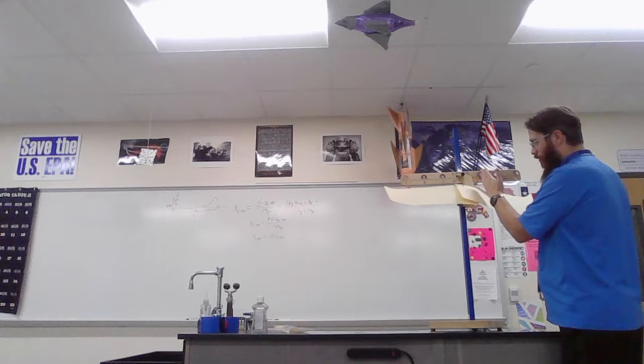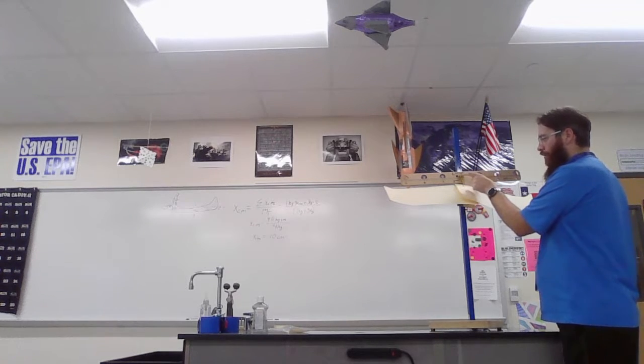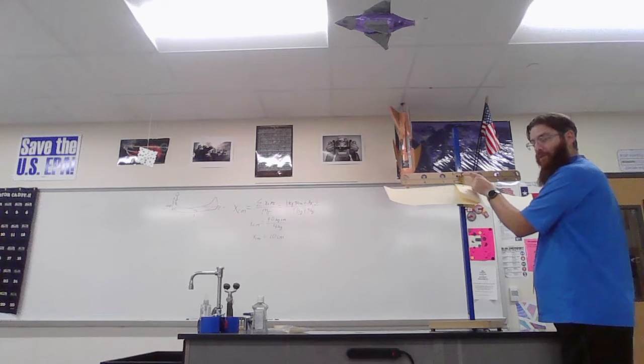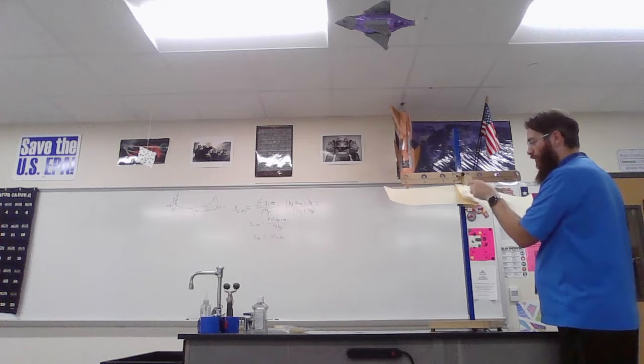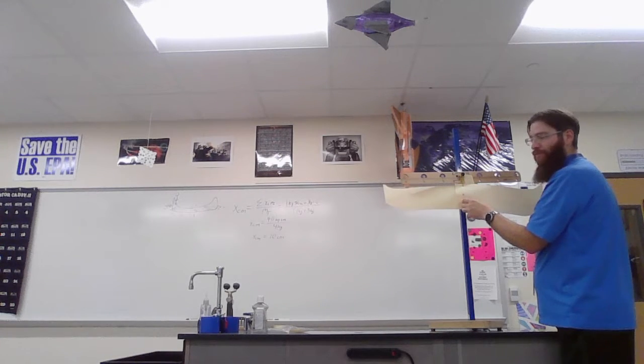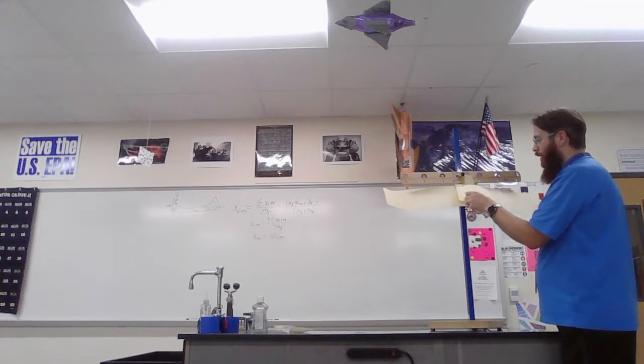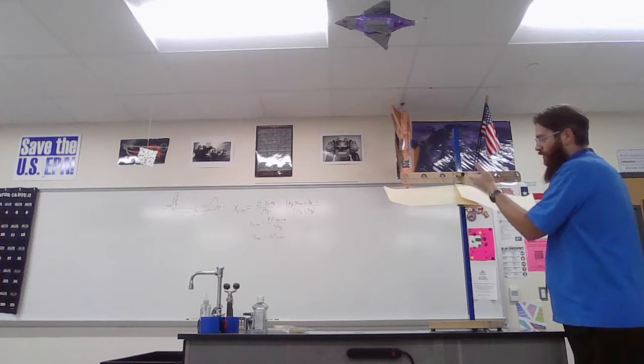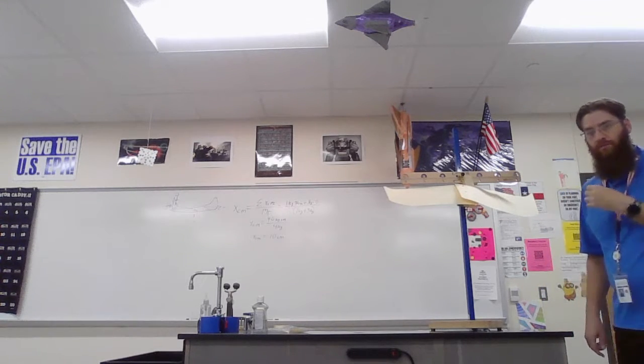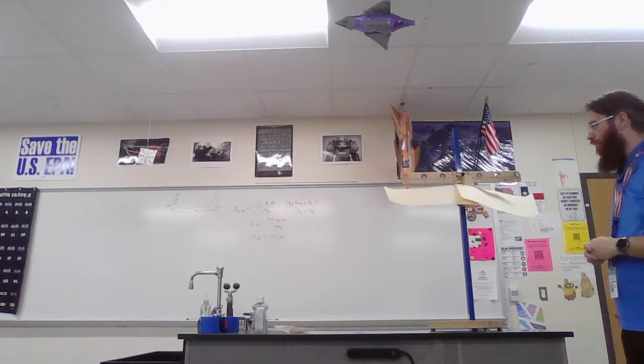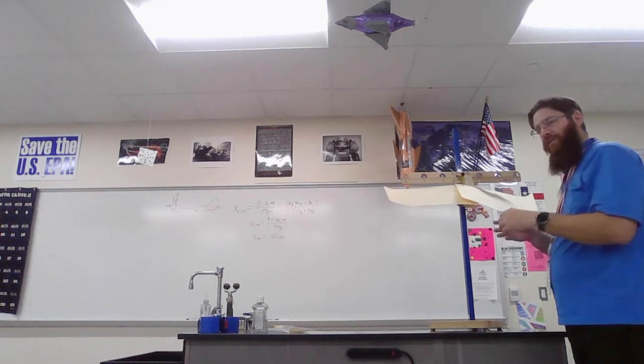So if this is my origin, then the center of mass of the person is 10 centimeters to the left, and the center of mass of the boat is also 10 centimeters to the left. So obviously the center of mass of the system is going to be 10 centimeters to the left of where the boat started. But let's keep going.